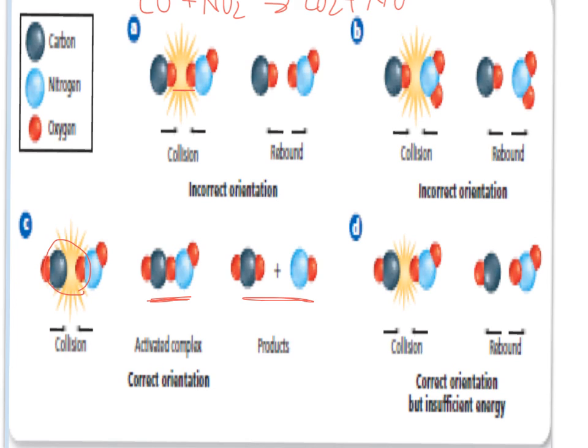In D, you see what appears to be the same collision, but not quite as much energy, which is being symbolized by this kind of haystack looking thing. So even though it had the correct orientation, there wasn't enough energy to actually cause the reaction to happen. So you need the collision, need it in the right place, the correct orientation, and need the correct energy.